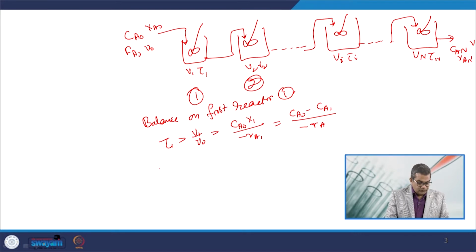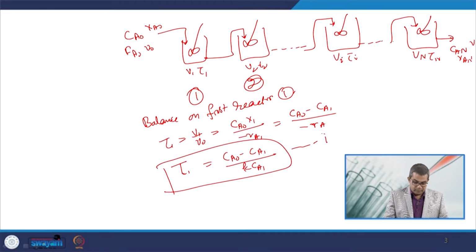If we rearrange the things, then it becomes Ca naught minus Ca1 upon K Ca1. This is my equation number 1.